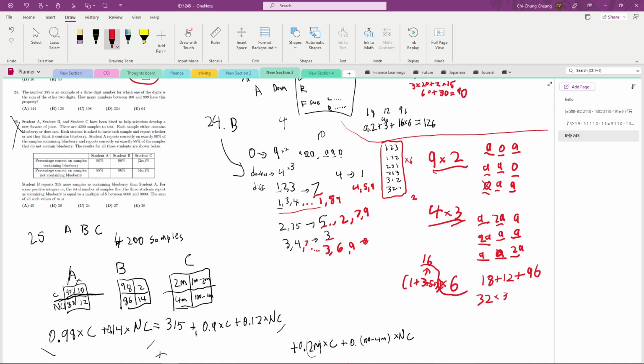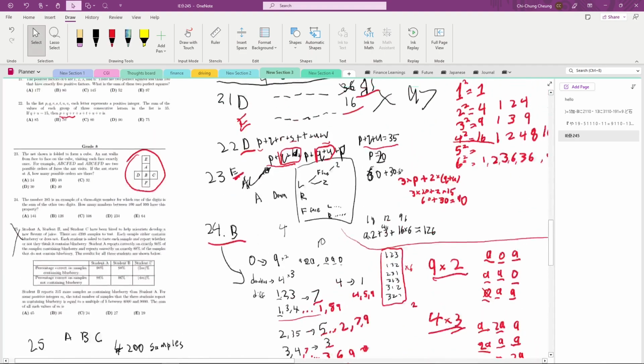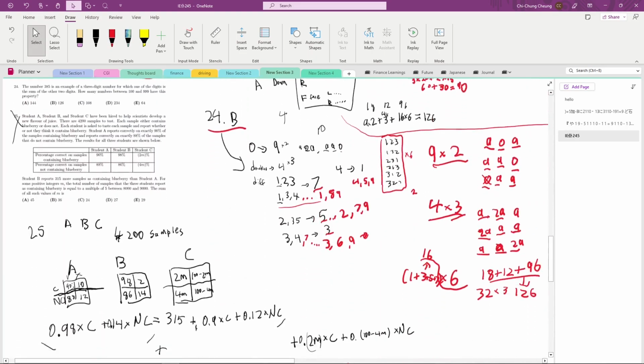And this is equal to 126, because 18 plus 12 plus 96 is 126, which is B. Yeah, see, that was simpler than the cube question.